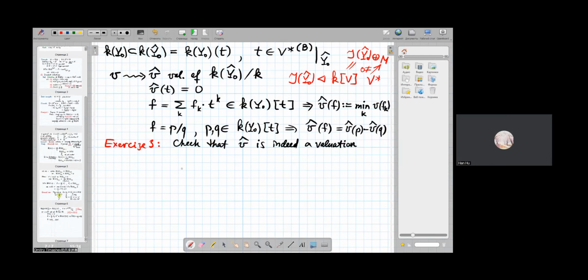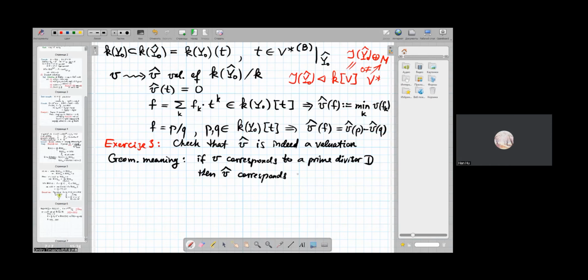By the way, it has a geometric meaning. So let me maybe speculate on this geometric meaning. If the valuation v corresponds to a prime divisor d, then v hat just corresponds to the cone over this prime divisor, to d hat.